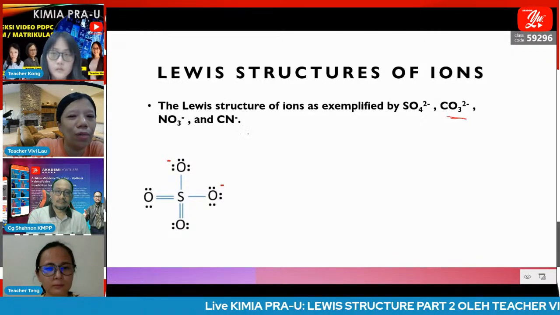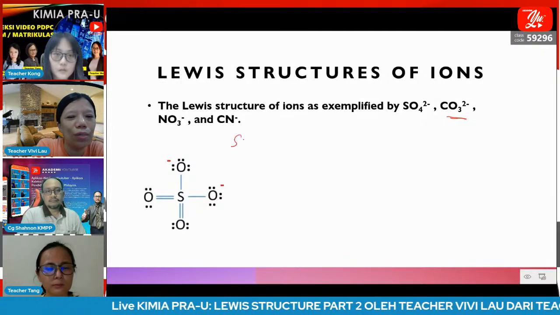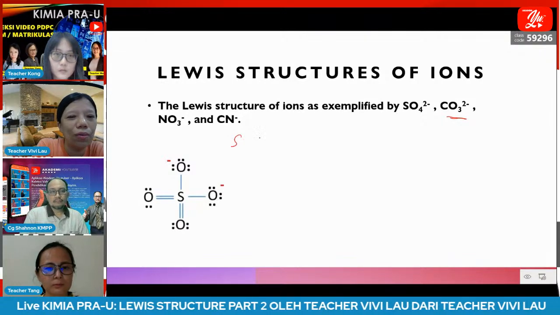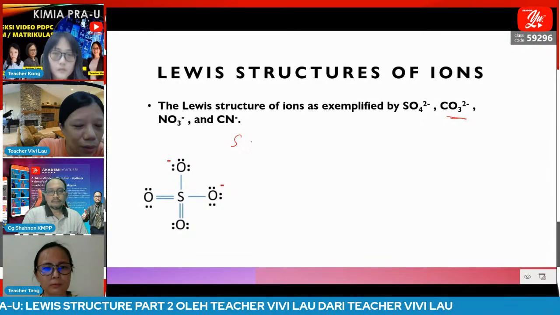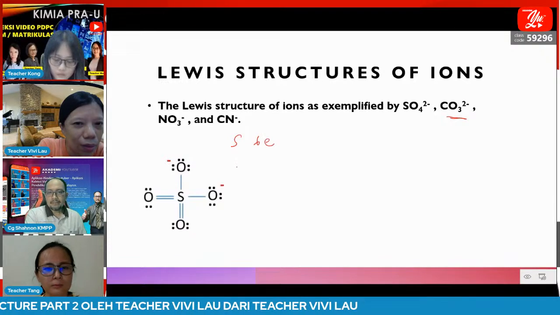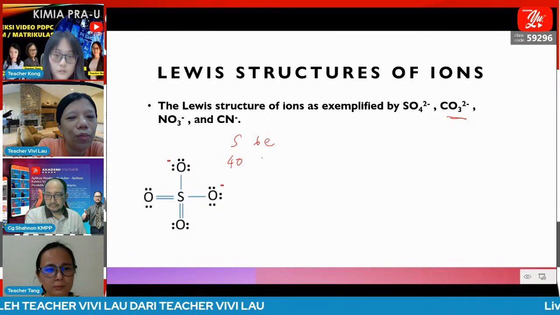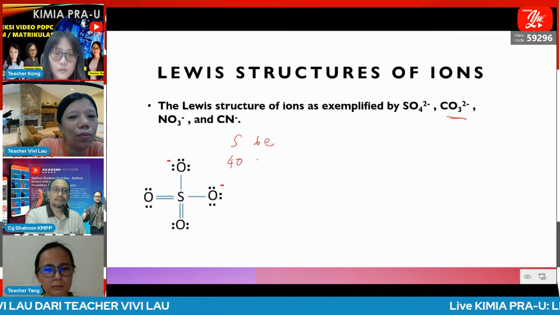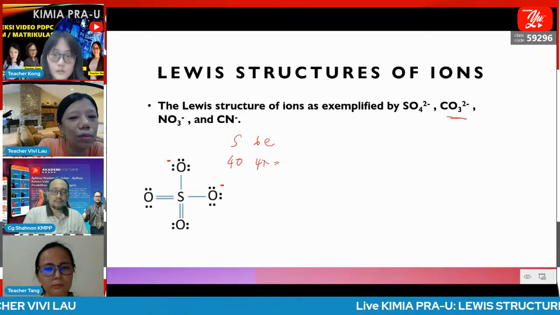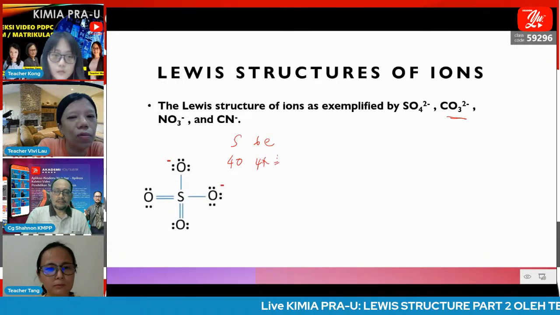Sulfur is group 16, so it has 6 valence electrons. Then we have 4 oxygen, so 4 times 6, 24. So in total we have 30 electrons.